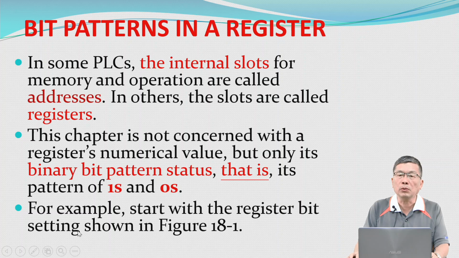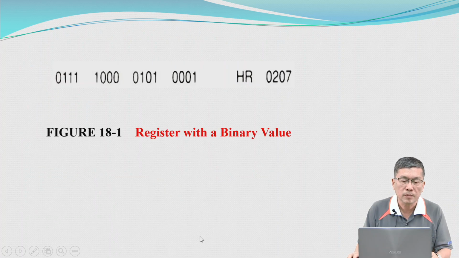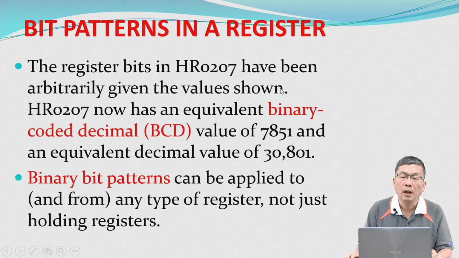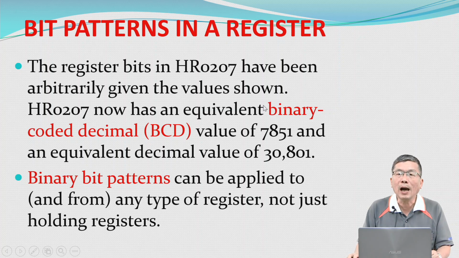For example, start with the register bit setting shown in Figure 18.1. Figure 18.1 shows the register with the binary value in holding register 0207. The register bits in holding register 0207 have been arbitrarily given the values shown.